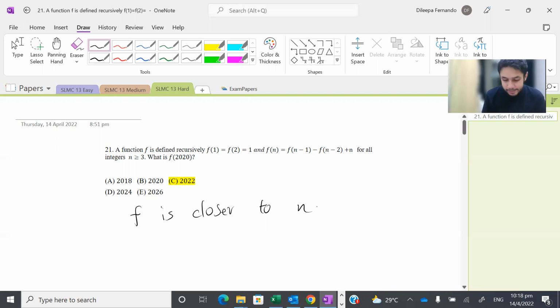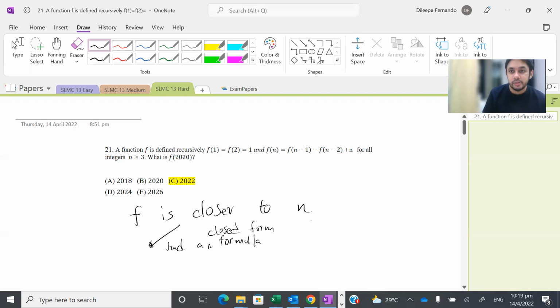And second thing is, since we need to find F2020, there can be two ways. Either find a closed form formula for this function.